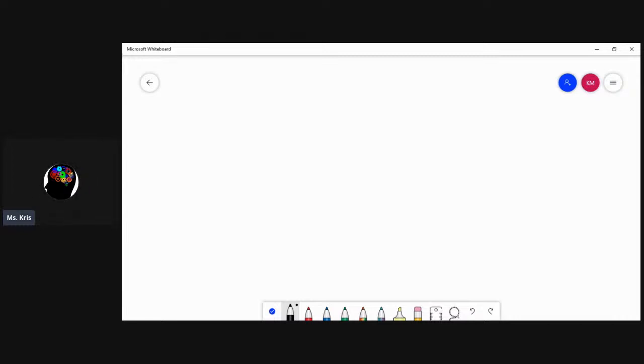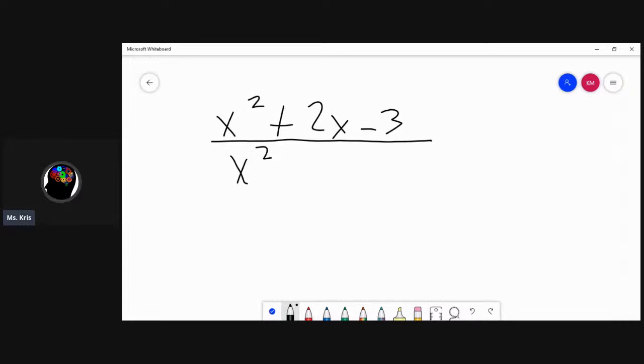So you have x squared plus 2x minus 3 on the top, and you have x squared plus 7x plus 12 on the bottom. To simplify this, you must factor the top and factor the bottom.